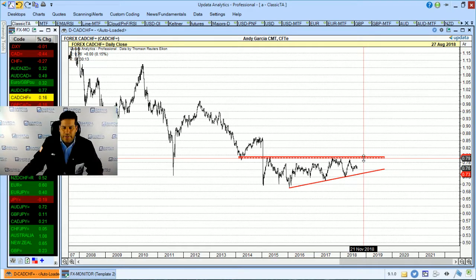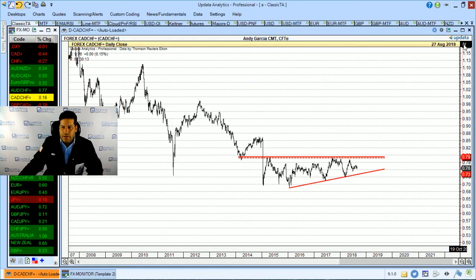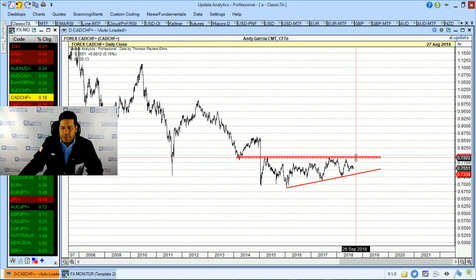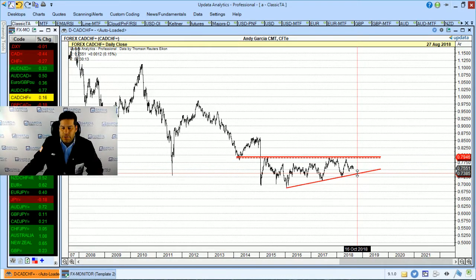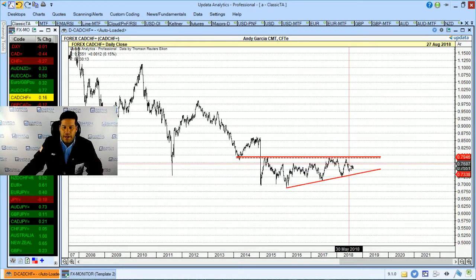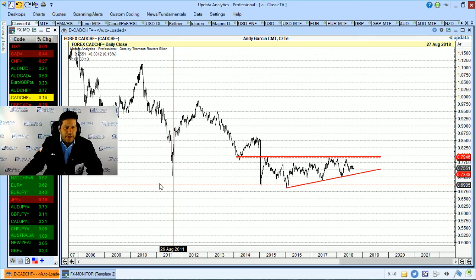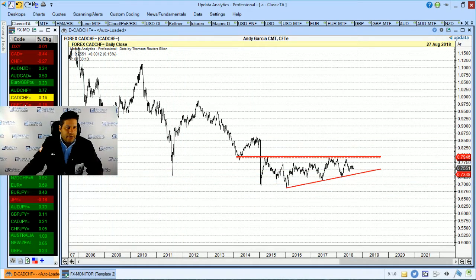The upper boundary, if it gets back up to 79, looks like 79.50 is right up near this trend line. I would be looking to get short, or if it came down to this lower trend line, I'd be looking to get long at 73.85. Okay, but right now you can see that we're in no man's land, so there's really no reason to be taking action in this market.